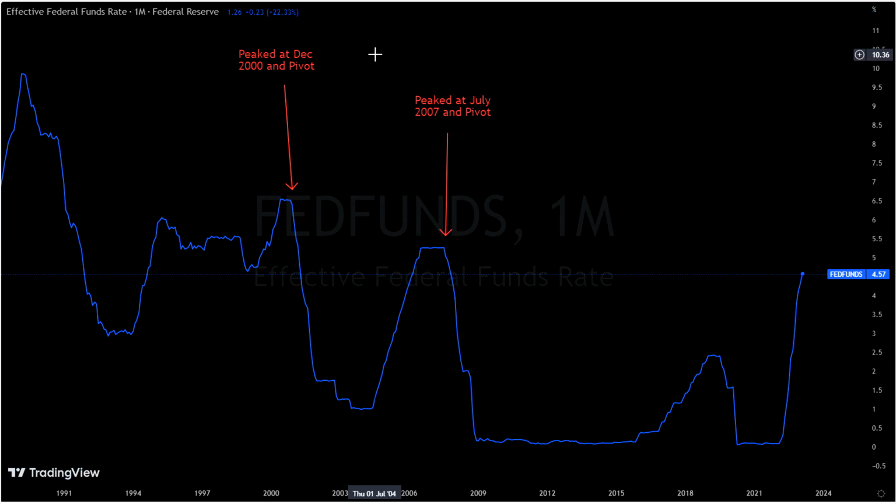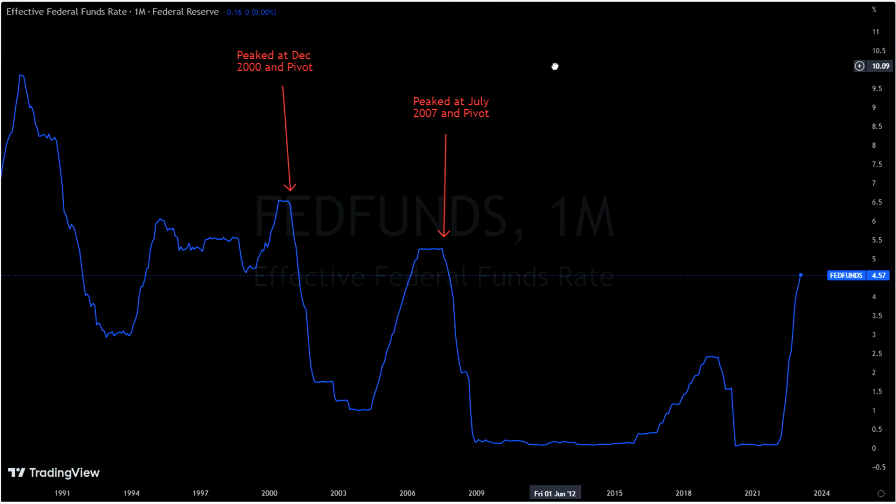Just imagine, guys, when everyone is bullish, they're talking about the pivot. Here is 2004, the Federal Reserve sharply increased the rate all the way to 5.3%. Every single time we are getting close to 5%, or I should say above 4%, something is broken.